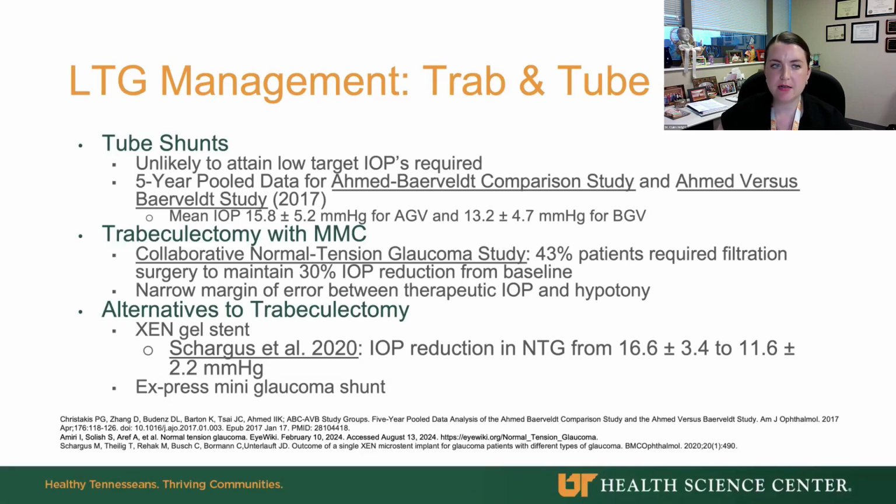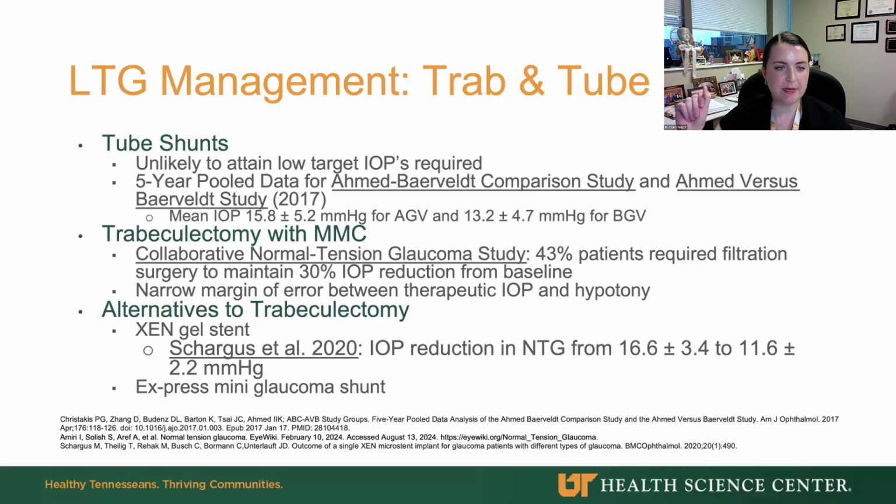So if you think about your patient who's coming in with low tension glaucoma, average pressure mid-teens, you need to lower that 30%, so to a pressure of 10, you're probably not going to get there just with a tube shunt. And so these are certainly appropriate options if you've already tried a bleb forming procedure and that's failed. But as a primary procedure, you maybe ought to consider bleb forming procedures first.